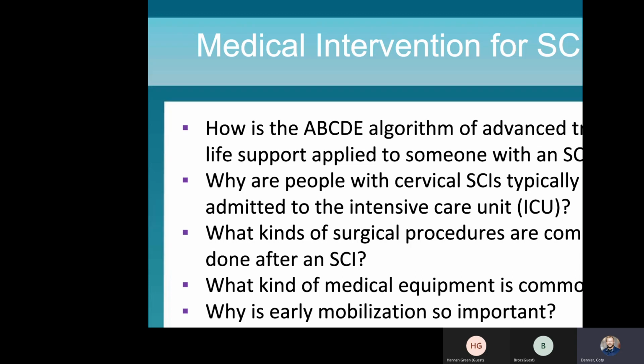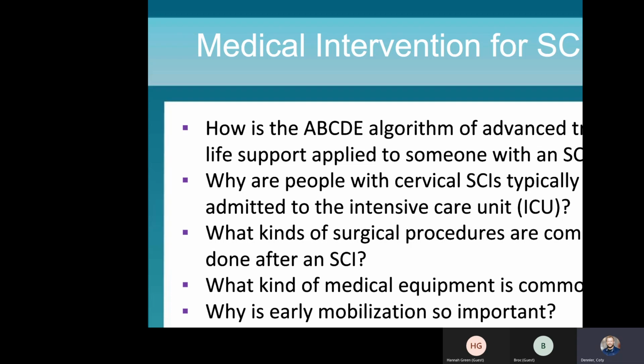This ensures that the person has stability of their airway, their breathing, circulation, and it can help minimize their disability and exposure. They use cervical collars, backboards. Surgery is often done for more stabilizing of the spine, and it always results in an ICU admission, okay?